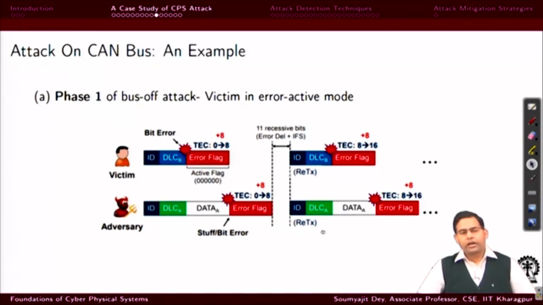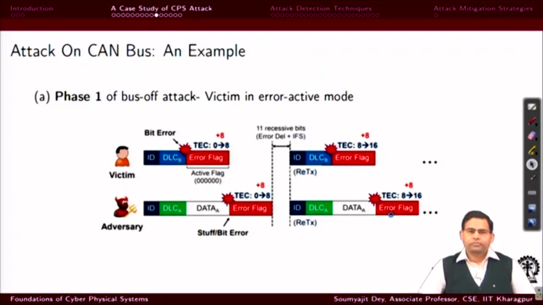and then again the transmission cycle will begin. And let us say that the malicious node has its software, right, and it will just repeat this process. So while repeating this process, the victim's transmission error count will again increase and the adversary's count will again increase. So both of them are having a +8 increase, but for the victim it is happening earlier, and for the adversary it is happening later on.